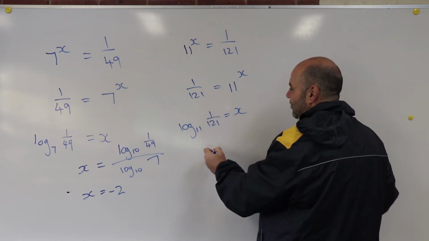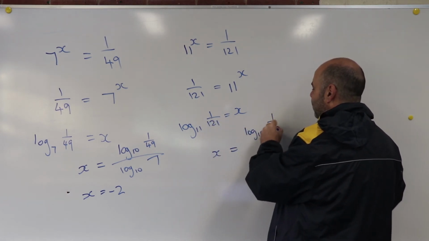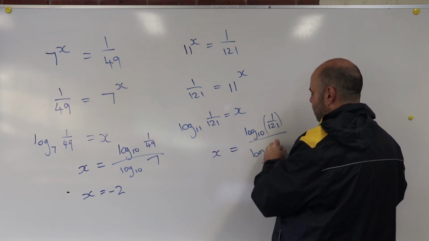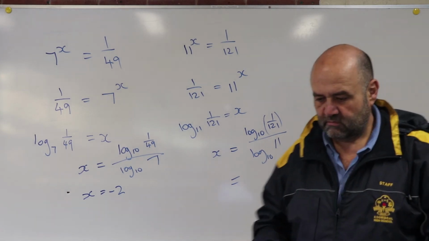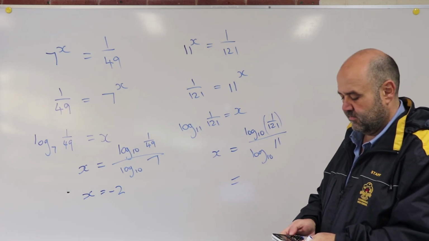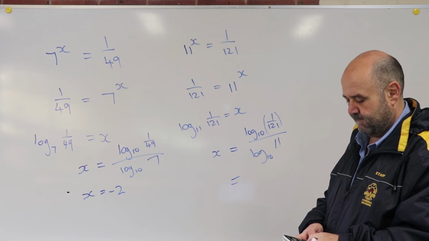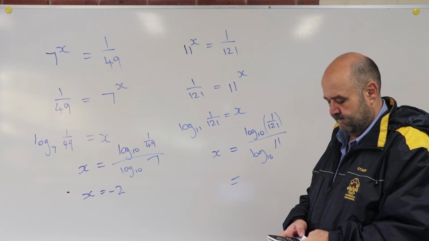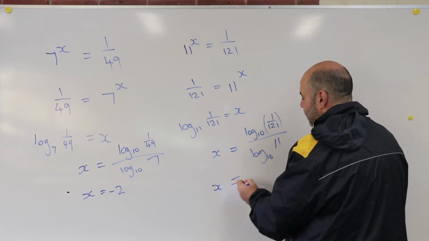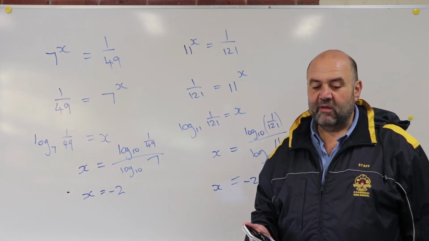I do a change of base law: log base 10 of 1 over 121 over log base 10 of 11. Okay, go to your calculator. And again, x is -2.